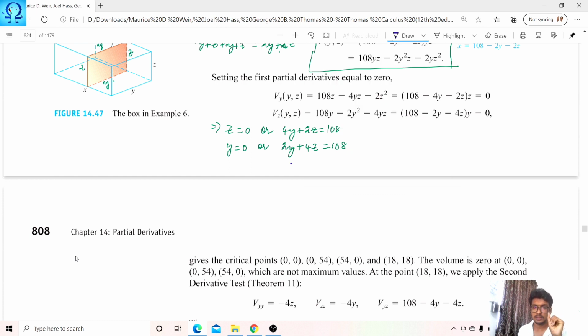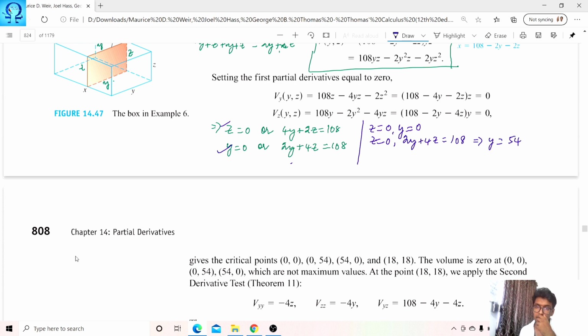So that is the first case. z is equal to 0 and y is equal to 0. Either I may take this one and this one, completely fine. And I take z is equal to 0 and 2y plus 4z is equal to 108. So if you plug in z is equal to 0, you get 2y equals 108, so y is equal to 54.